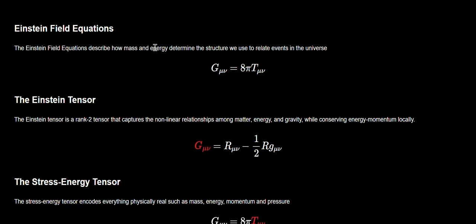The right side is the stress energy tensor. This first one and these are the same. This is in natural units, and there are different forms of it, but this first one is the most elegant form. And this one down here just shows the stress energy tensor.